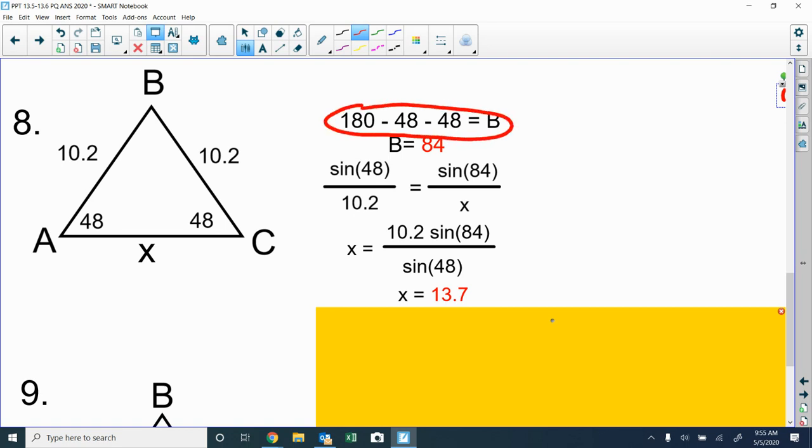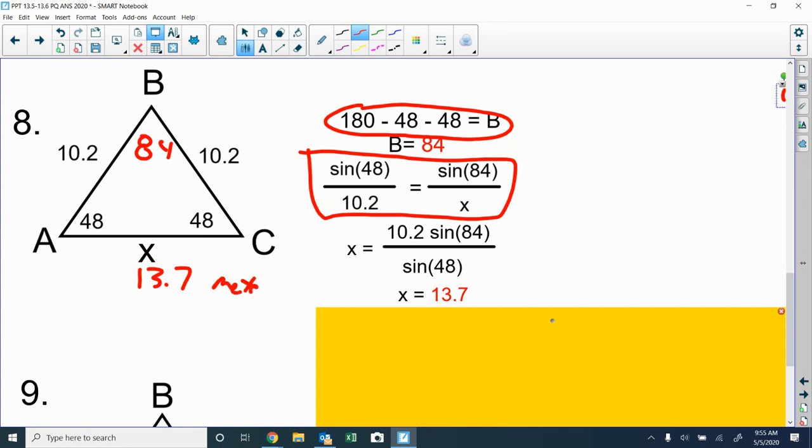We're going to get this angle to be 84 up here. And then we'll set up this ratio with 84, cross multiply, and you're going to get your X down here at 13.7. Don't know if we had a measurement there. Oh, that's meters also. And you roll with that.